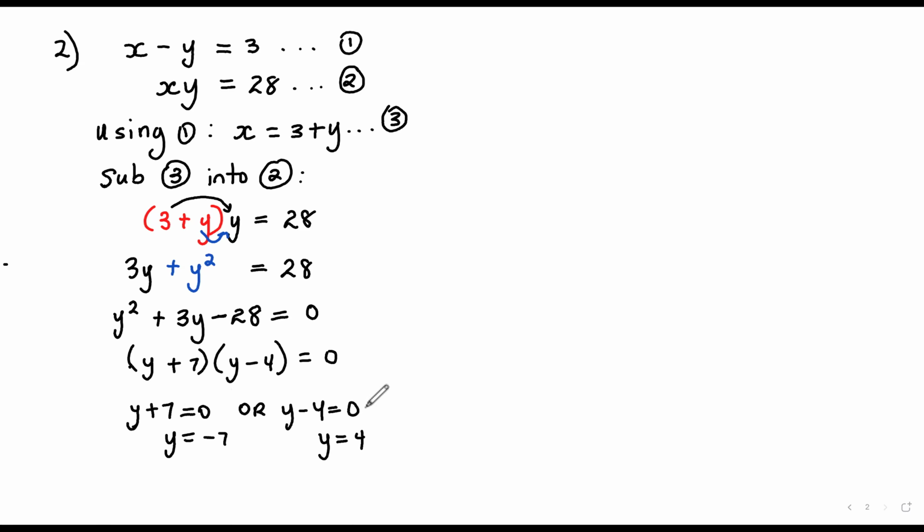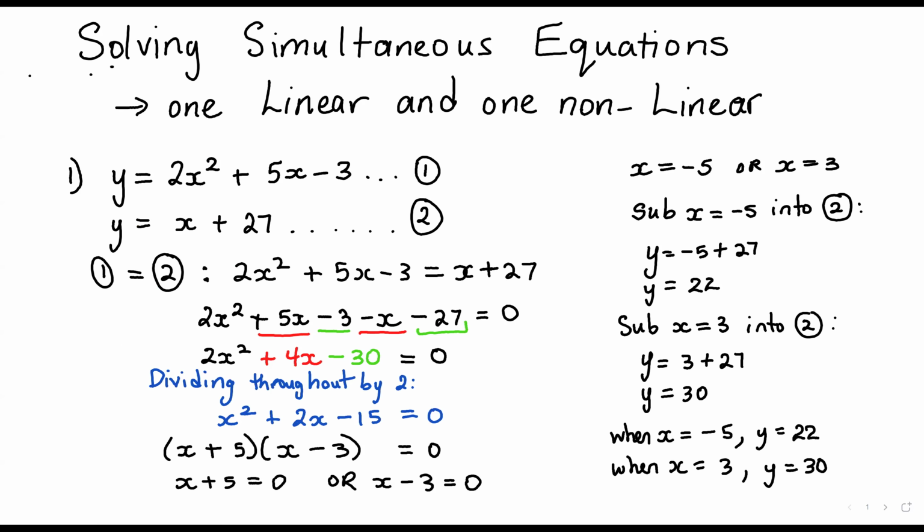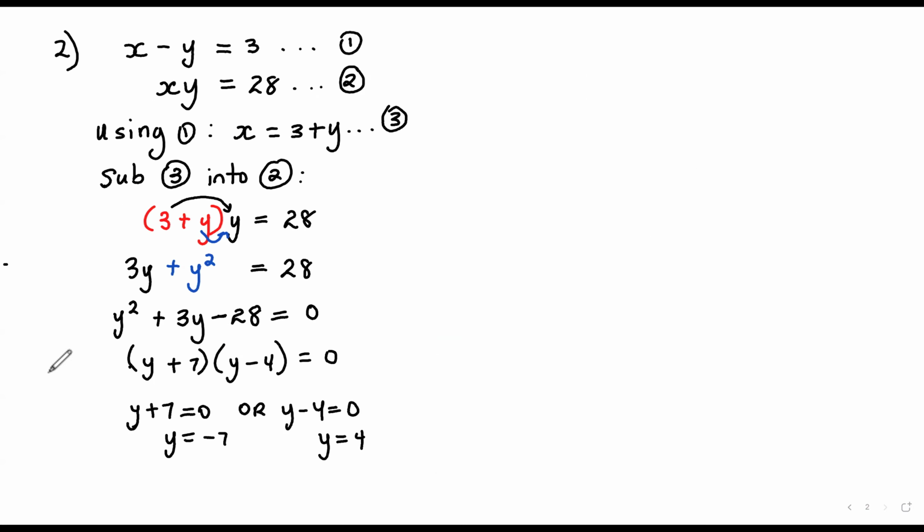And unlike the last question where we solved for x first, in this one, we got what y is first. So same principle though, same steps. You're going to have to substitute y is equal to negative 7 and y is equal to 4 into any one of the equations to find out the corresponding x coordinates. So I'm going to substitute y is equal to negative 7 into any one of the equations.